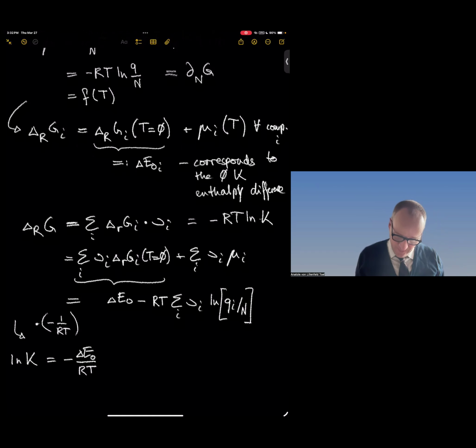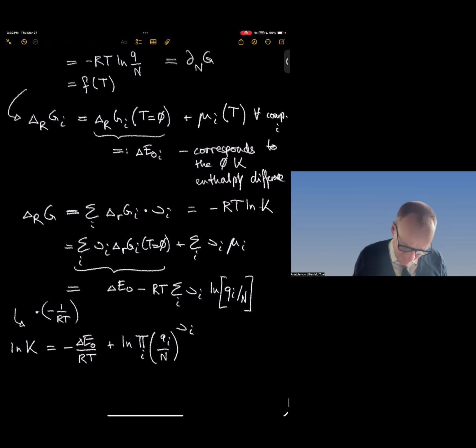And then I take the logarithm and I pull the summation inside of the logarithm. So I take my product over all the components, and each one of them has to be raised to the power of nu I. Right?